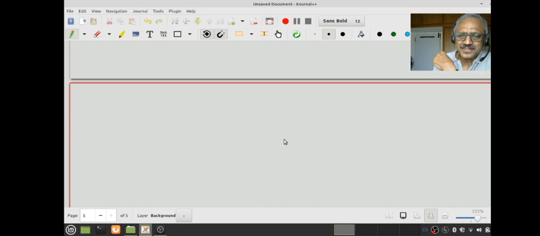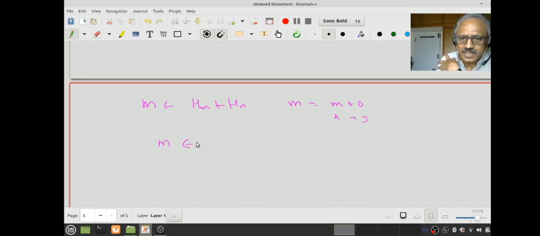See, what I can do is take M in HM plus HN, where M equals M plus 0. This is X plus Y, where X is in HM, Y is 0. Do you understand? Therefore, M itself is in HM plus HN, but that is by assumption HK. Therefore, K is a divisor of M. And for a similar reason, K is a divisor of N. Therefore, K is a common divisor.